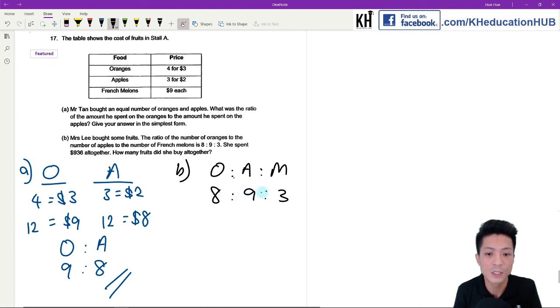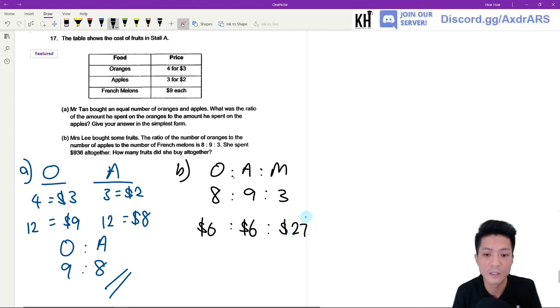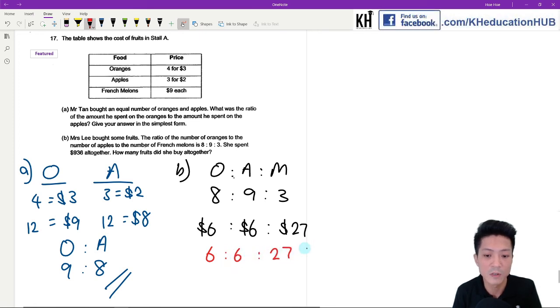Okay, let's treat this 8:9:3 as the exact number. 8 oranges will cost me $6. 9 apples will cost me $6. 3 melons will cost me $27. So this ratio over here, 6:6:27, is the amount of money.